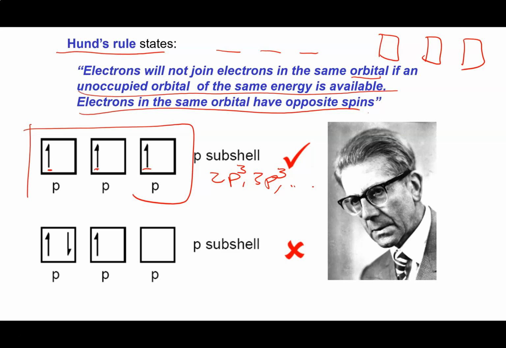What I'm not going to do, even though I know that an orbital can accommodate up to 2 electrons, is pair up and leave 1 empty. If I do have an orbital available, I'm going to fill that up before I start pairing electrons up.